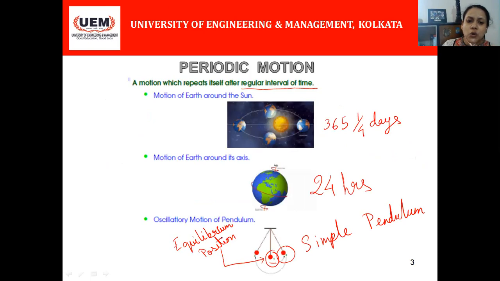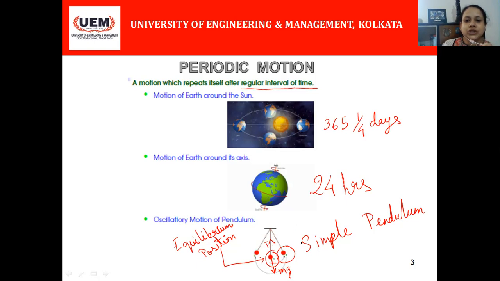And why does no net force act on the particle at position 1? That is because the weight of the bob, the oscillating bob acting downwards, which is mg, is completely balanced by the tension T in the suspension wire for the simple pendulum.